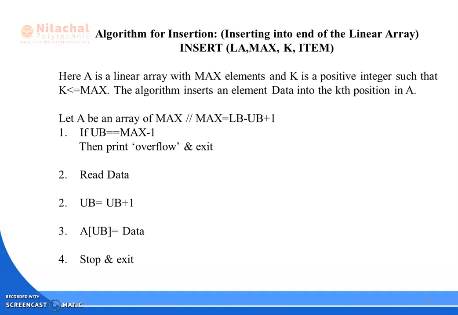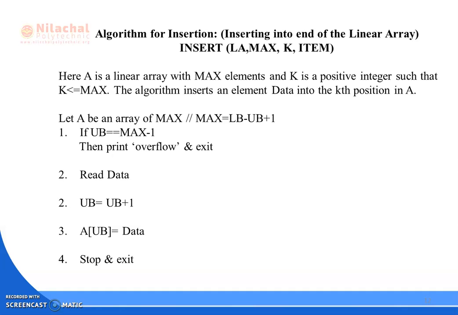Next, k is a positive integer, the position of each and every element in the array. So the value of k is always less than or equal to the max value.